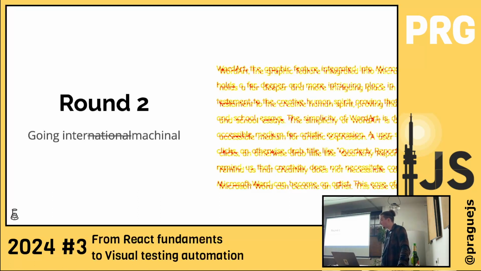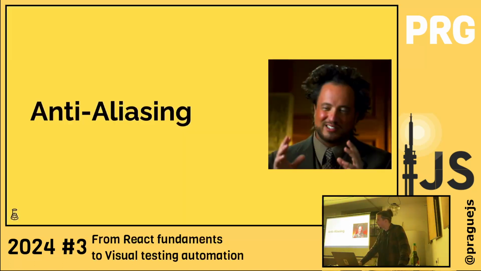So I had to scour the internet for what is wrong with my test, because to my eyes, and to everybody's eyes as well, it looked the same. The two images were identical, but there were still some small errors in there. Yeah, and the culprit was anti-aliasing, which is a theme for a whole other talk, and I'm not even sure how it works perfectly.